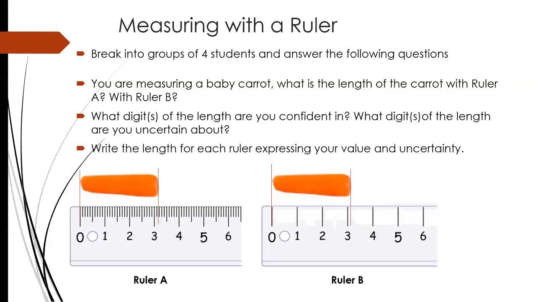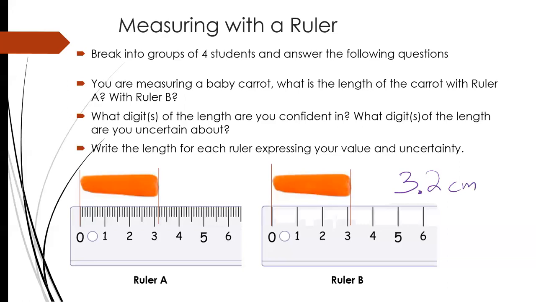Using our ruler, we can see that it's clearly past 3 centimeters. So we can write that down as 3. But we could give some more information there. We don't want to say that we're uncertain about that 3. We actually know that it is that 3. So we know that it should be 3 point something. And so in this case, I might say that it's 3.2 centimeters. A little bit past that.